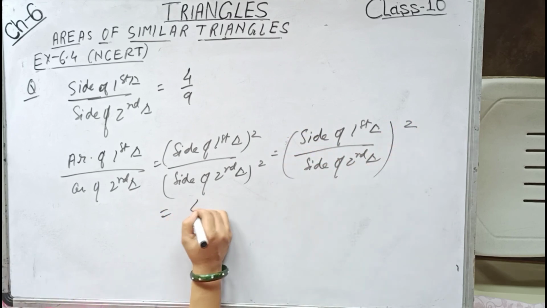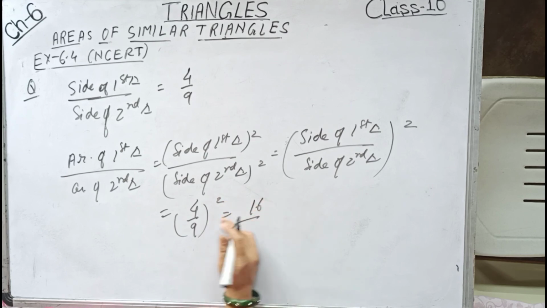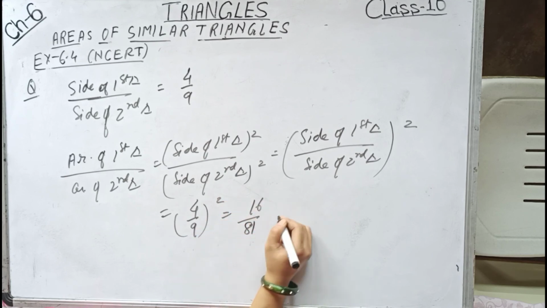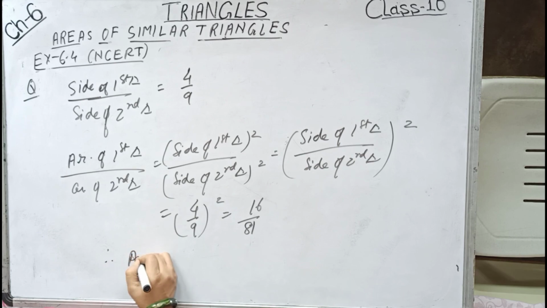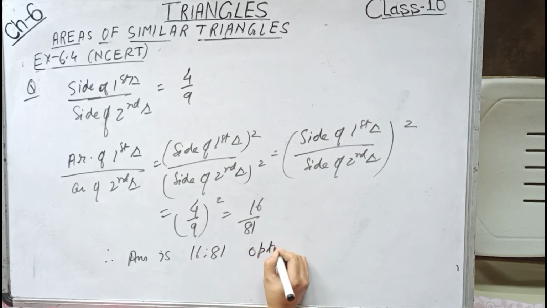So this will be equal to 4 by 9 square. So this will be equal to 4 4s are 16 and 9 9s are 81. So answer is 16:81 and the ratio option is option number D.